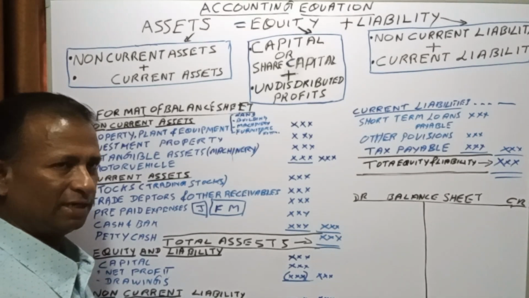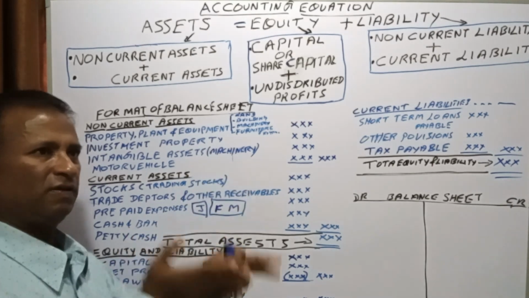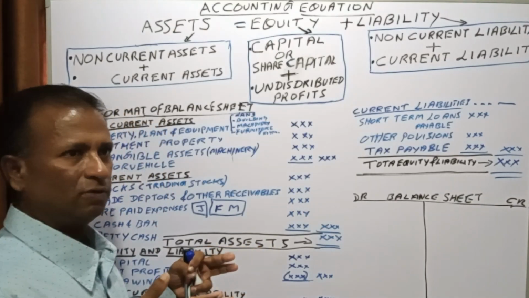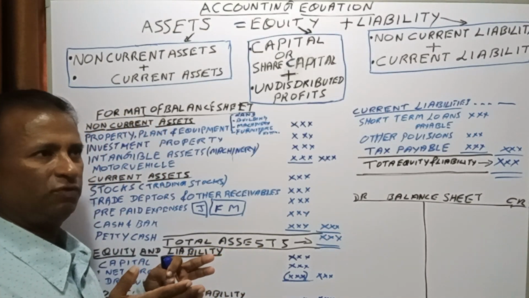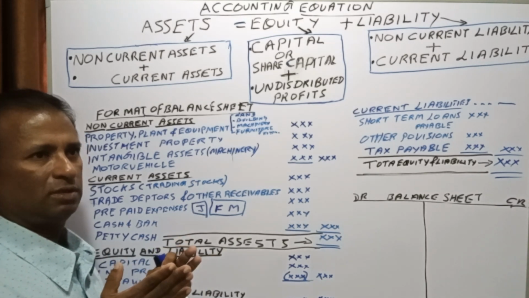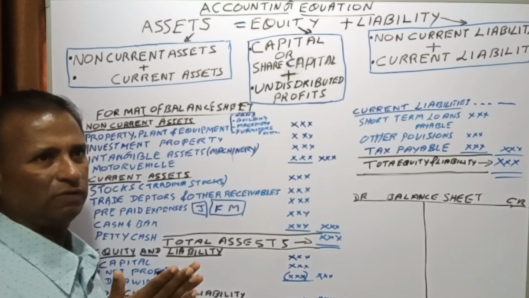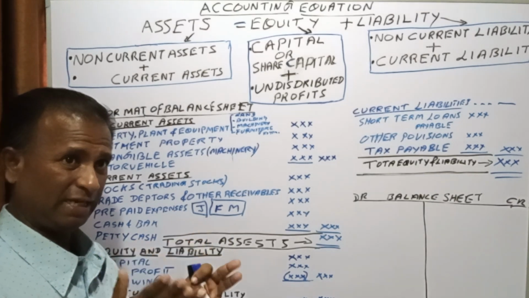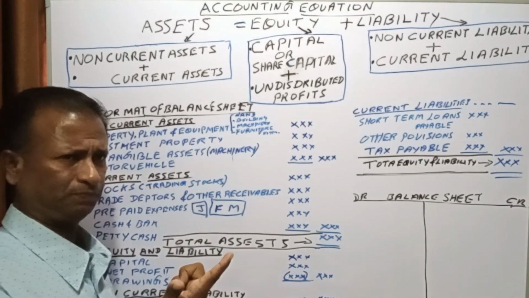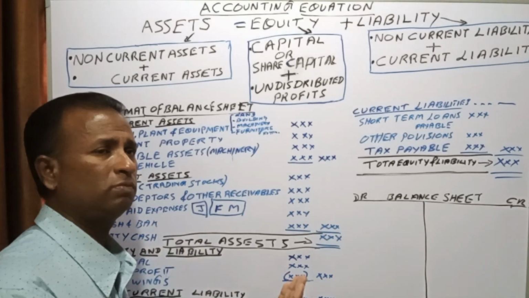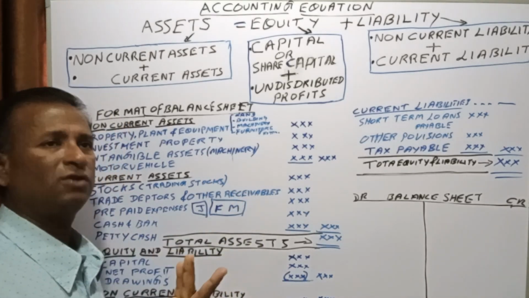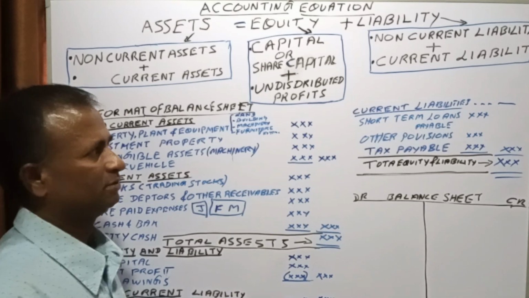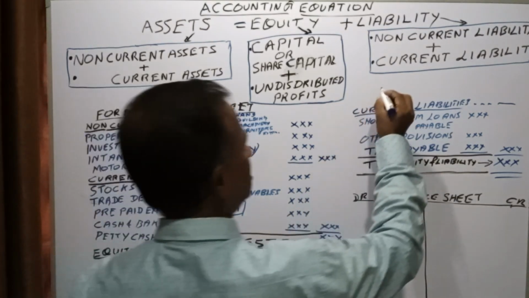Trade creditors arise when we do purchases. If we are purchasing trading stocks from outside on credit basis, then we owe money to the outsider. The person who sells to us is called the supplier.